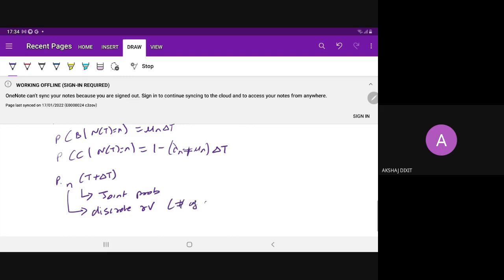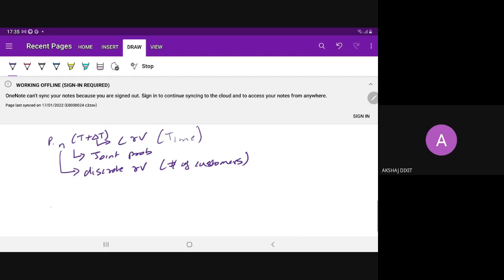And T is the continuous random variable, time. So here we are dealing with the joint probability of more than one random variable, and both random variables are of different nature: one is discrete, one is continuous.